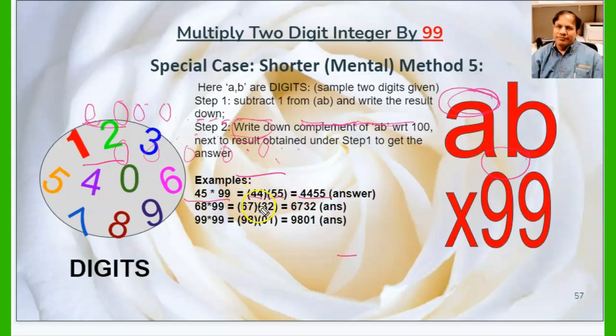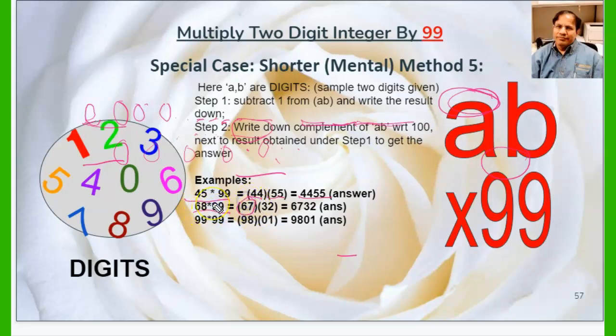The reason we do not carry over in this case is 100, when you multiply with 45, it is 4500. So the position of 44 is correctly placed, and then we end up the last two digits as the complement of 45. Same thing we can do 68 times 99.